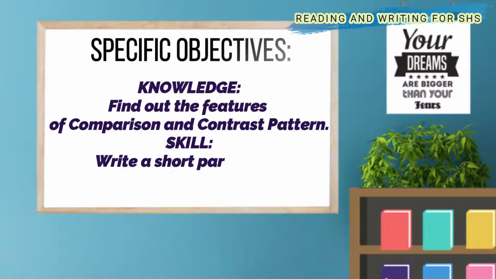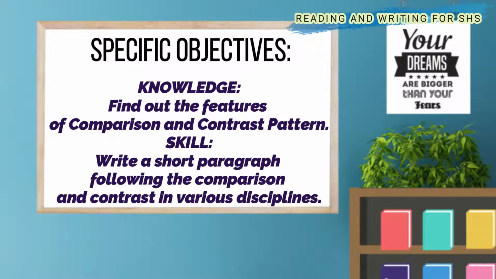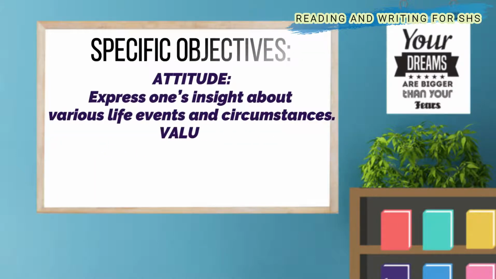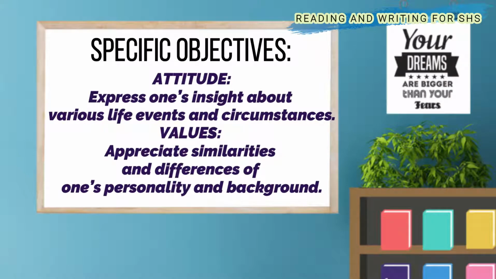You are expected to find out the features of comparison and contrast pattern. Write a short paragraph following the comparison and contrast in various disciplines. Express one's insight about various life's events and circumstances, and appreciate similarities and differences of one's personality and background.